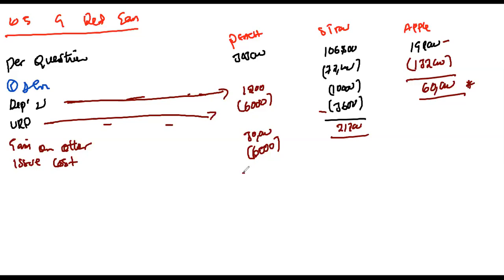So now we have the total. What's our total retained earnings? No, we're not done yet. We need to get the share. Remember what we said? There's going to be a share of profits.